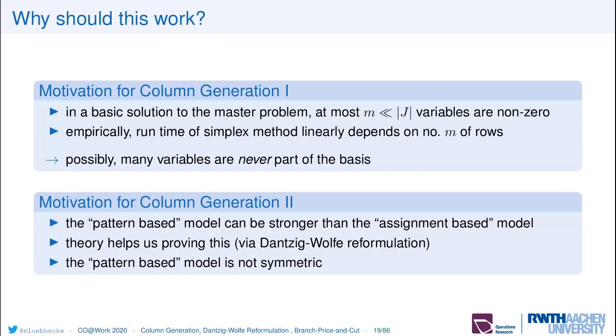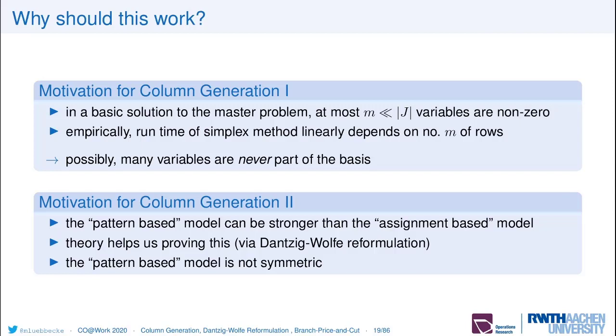Okay, good. So why should that work? So why should we in the end have any hope that we would not generate all the variables of the master problem? One main reason is, you know from LP theory, that any basic feasible solution has as many variables as I have constraints. And constraints I have few.